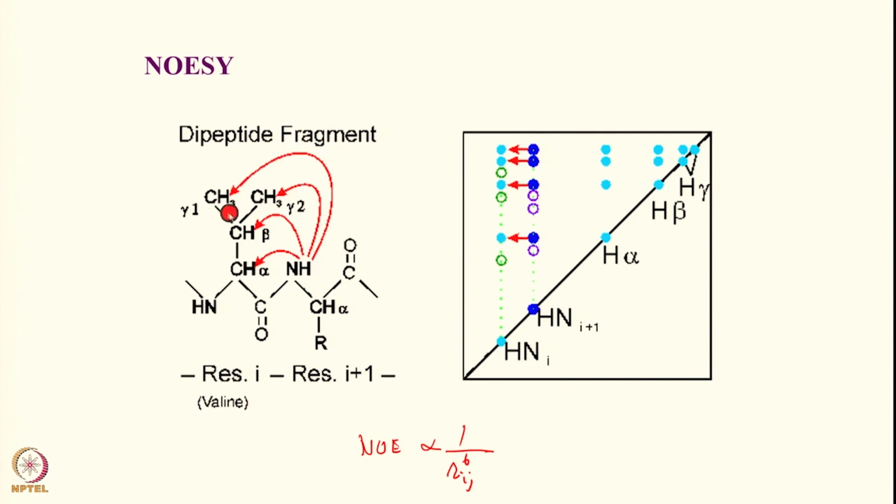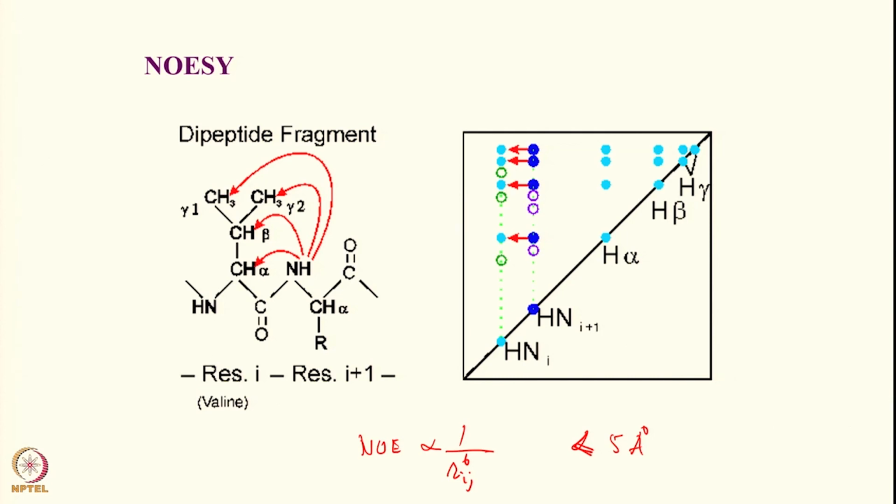In the case of this valine, these ones are less than 5 angstroms. So you will see NOE if the distance is less than 5 angstroms. So less than 5 angstroms is typically what one observes. If the distance is 2.5 angstroms, of course the NOE will be stronger because this transfer process will be more and the interaction will be more, and therefore the intensity will be more.